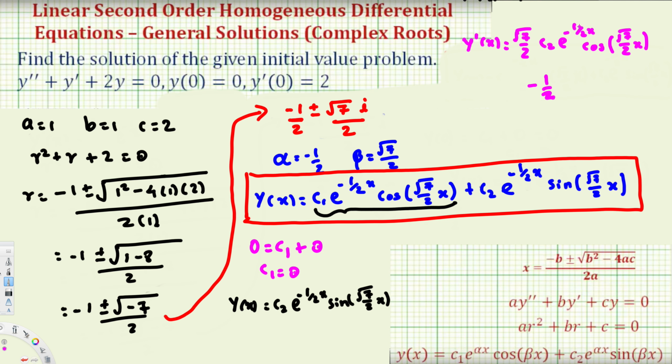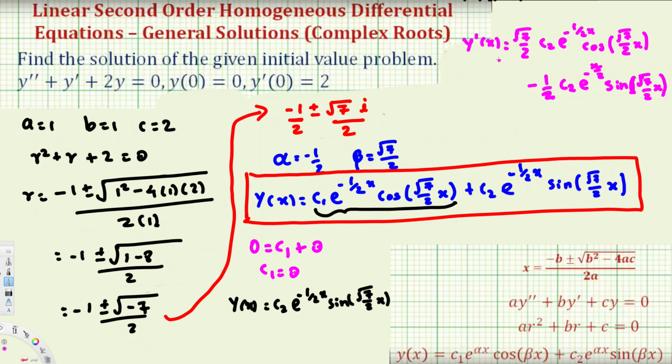And then c2 e power negative half x, we can write as x divided by 2, and then we keep the sine as it is, because I'm doing the product rule, so we don't have to touch this one. That's just sine square root of 7 divided by 2x, and that's it.